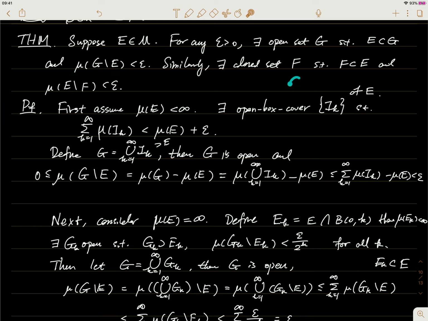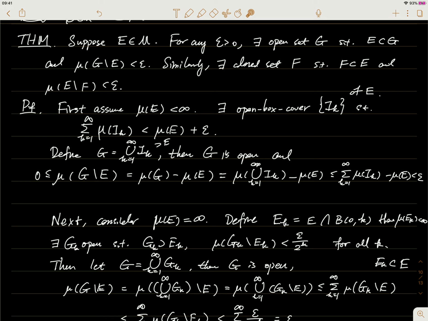is less than epsilon. So suppose this is E, and we're making a very tight enclosure of E using G. So the inside one is E, and the outside one is G. Okay, we can use an open set to enclose it, but the difference of them will have a measure less than epsilon.